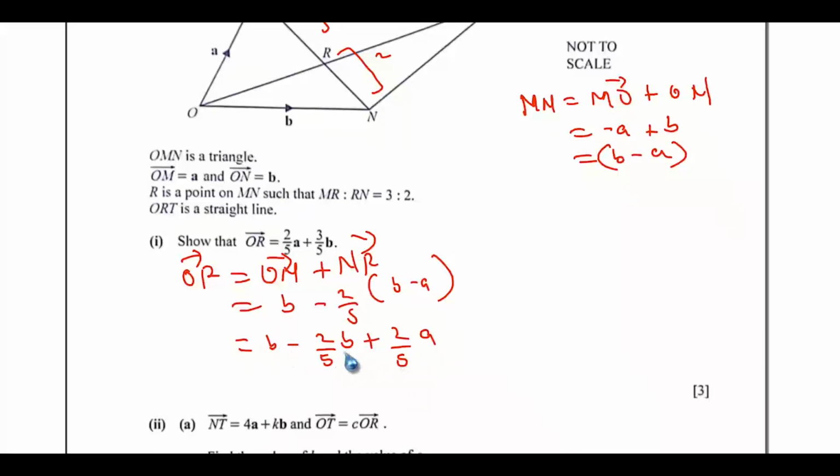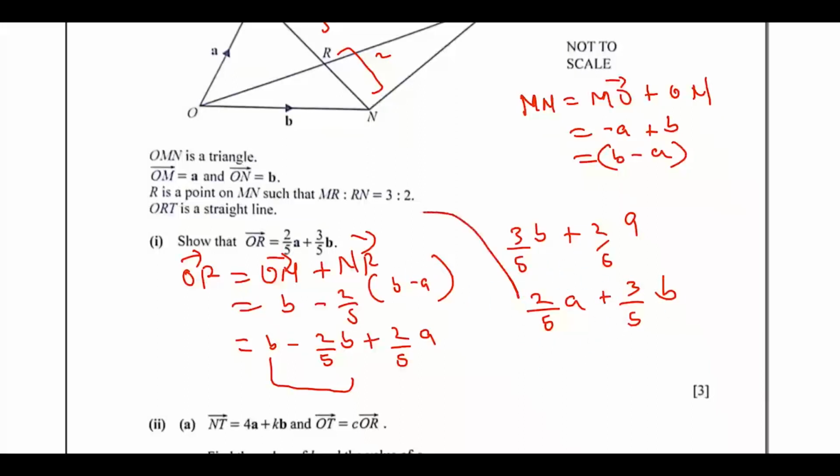So this and this are similar, so you can subtract 2 over 5B from B. That will leave you with 3 over 5B plus 2 over 5A. So you can write this as 2 over 5A plus 3 over 5B. Okay, so that will be the answer, and we have shown that already.